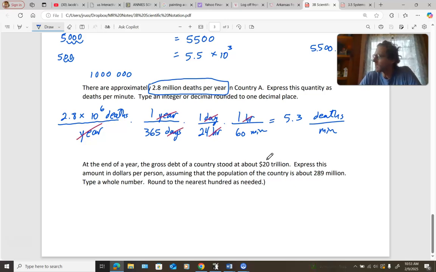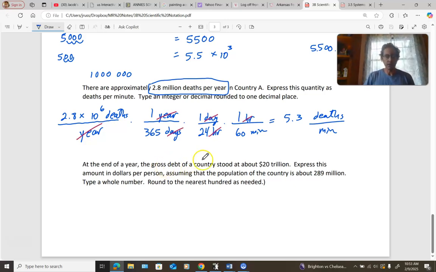And so it's hard to get an intuitive sense of what that even means, because numbers in the trillions we don't really deal with on a daily basis, and so consequently we don't have a feel for just how large that value actually is. What we can do is express this in dollars per person, and that'll give us a real feel of just how great the debt in our country is.